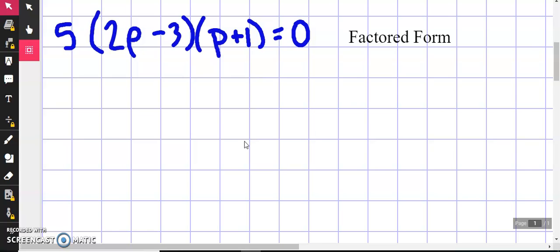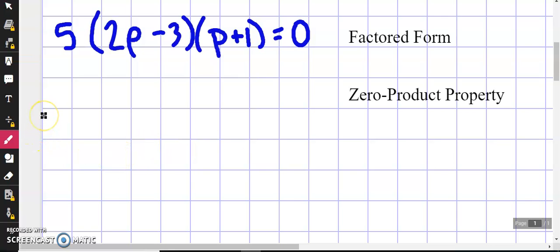This is what is called the zero product property. That's basically just another way of saying that if any of these factors is equal to 0, then I will get 0 as an answer when I multiply all of the factors together.